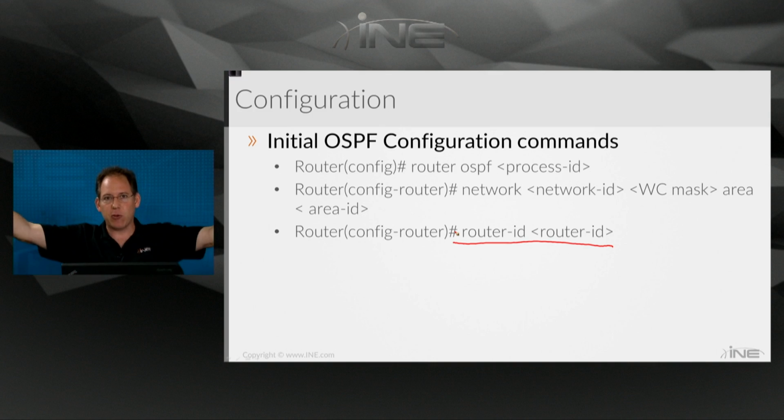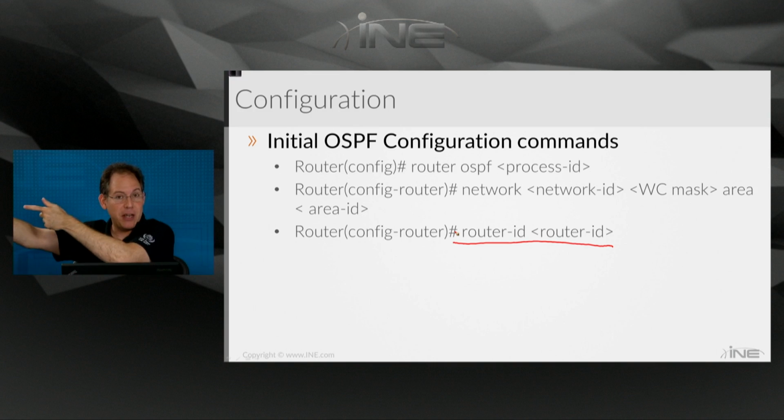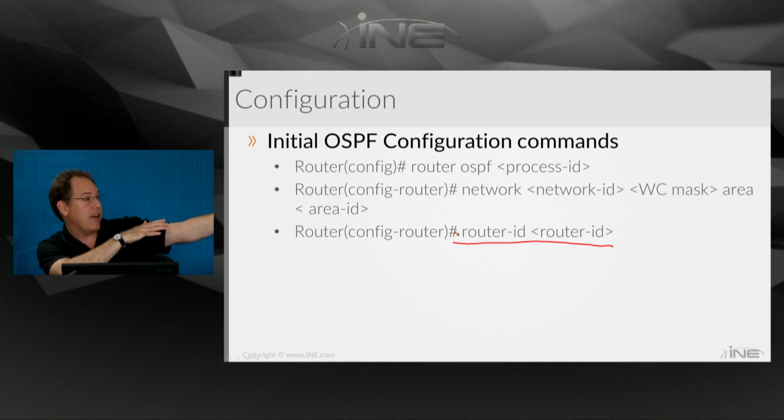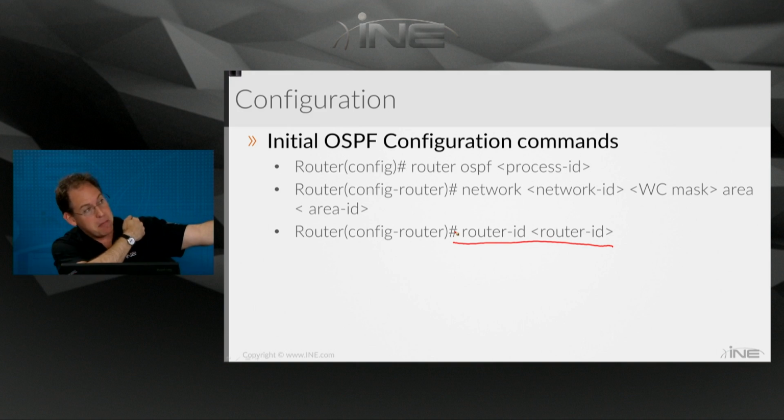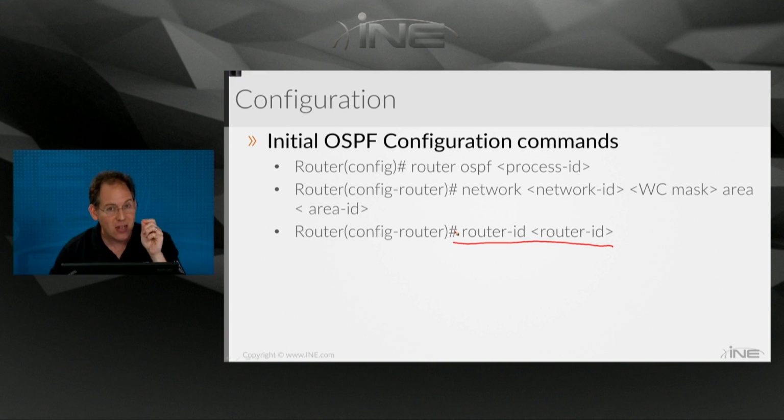In other words, if I'm a router with 2 Ethernet segments, on this segment, there's going to be a DR. It might be me, might be somebody else. And on this segment right here, that's also Ethernet, there's going to be another DR. Might be me, might be somebody else. But every broadcast segment or non-broadcast multi-access segment needs a DR and a BDR.